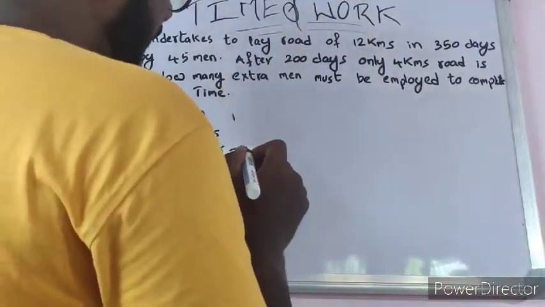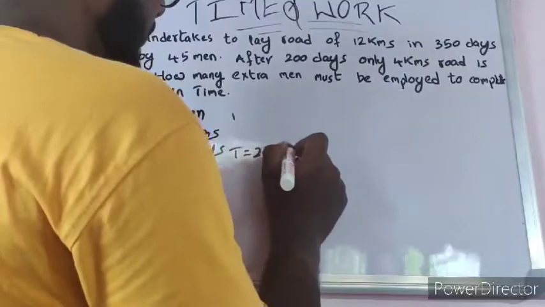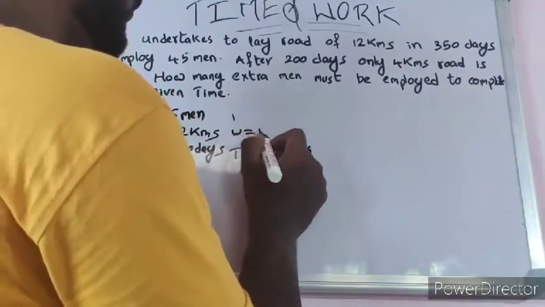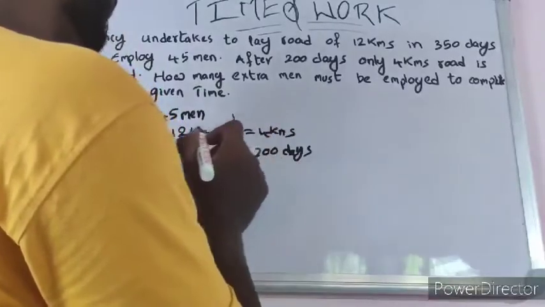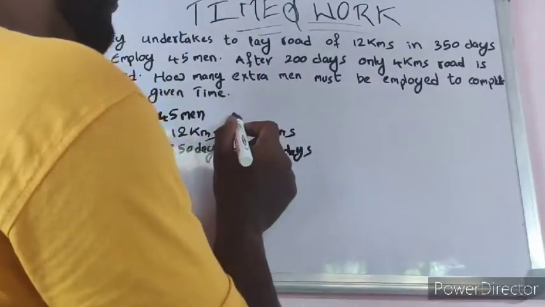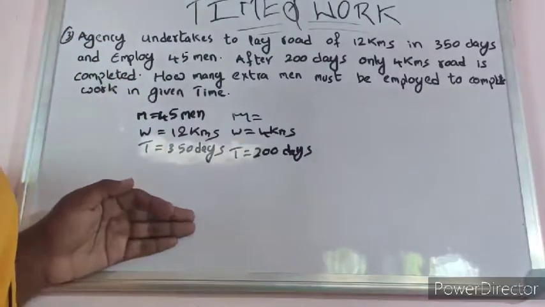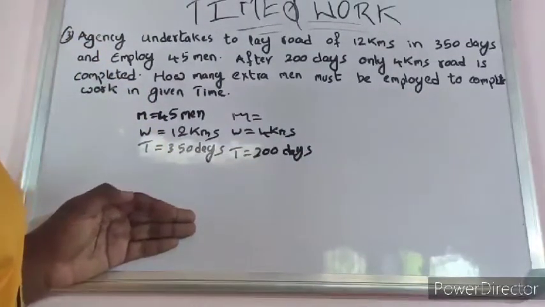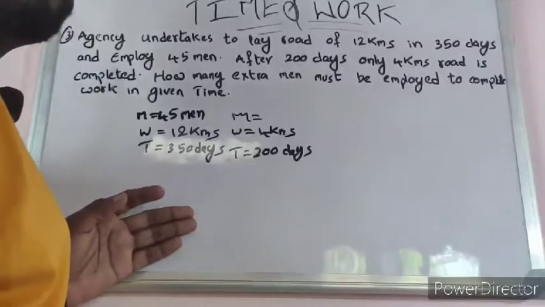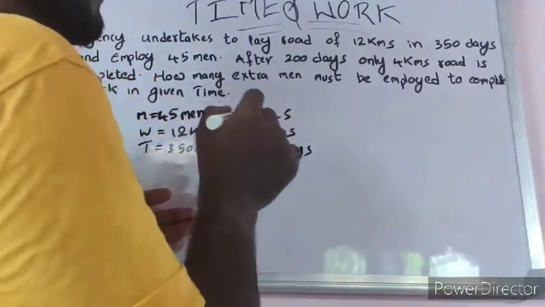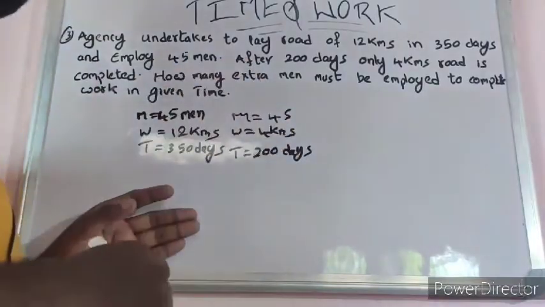So in a time period of 200 days, how much work was done? 4 kilometers of road was laid by how many men? The same 45 men laid these 4 kilometers of road.